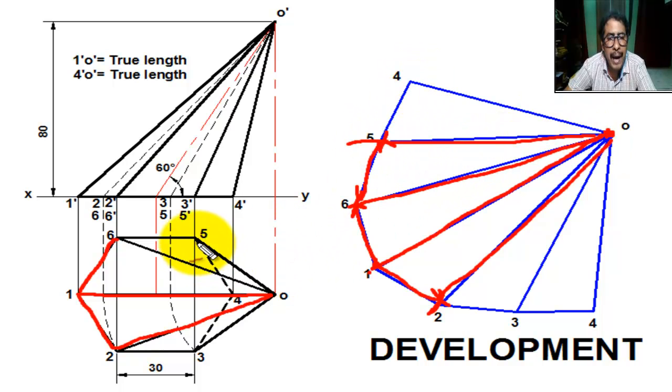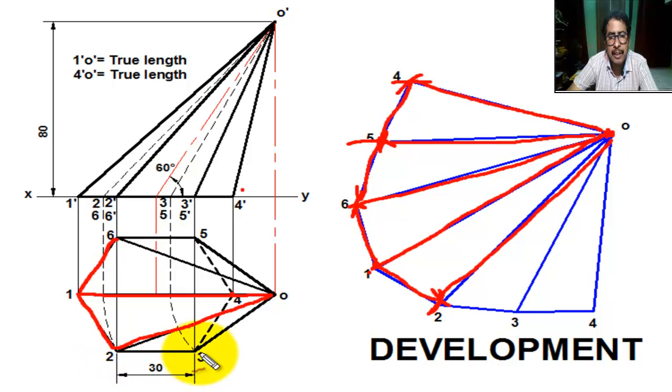Next 5, 4 is 30 millimeter. With pencil compass draw the arc, and O4 true length is O dash 4 dash. With this length we cut this. This is the triangle.